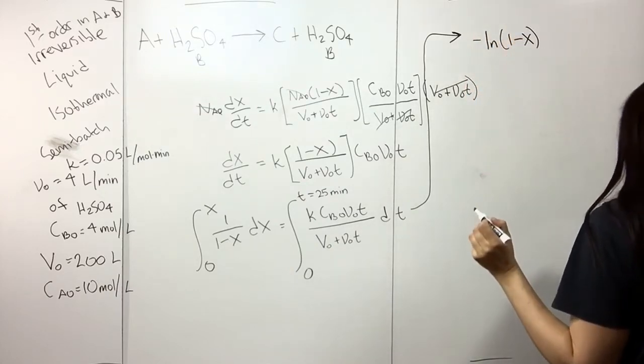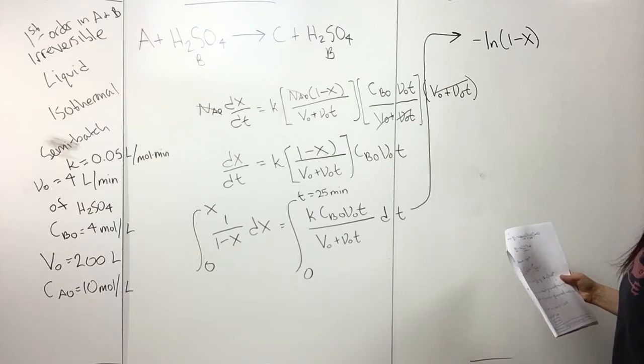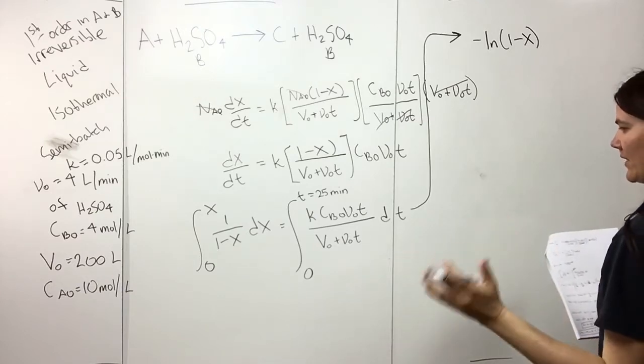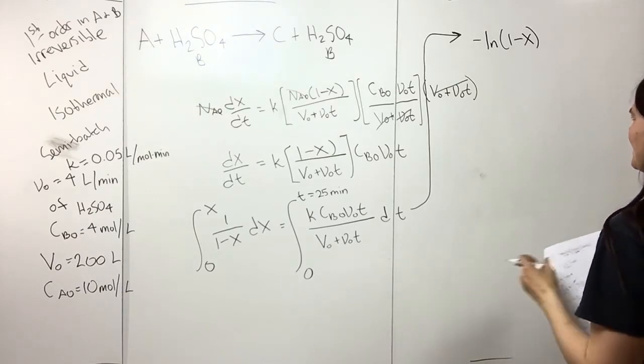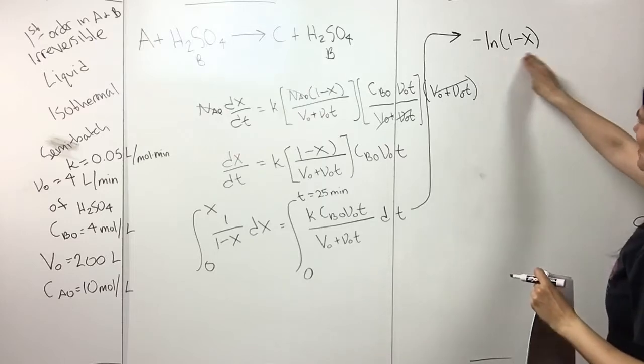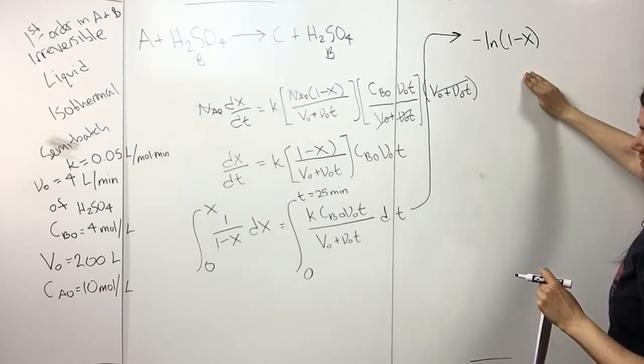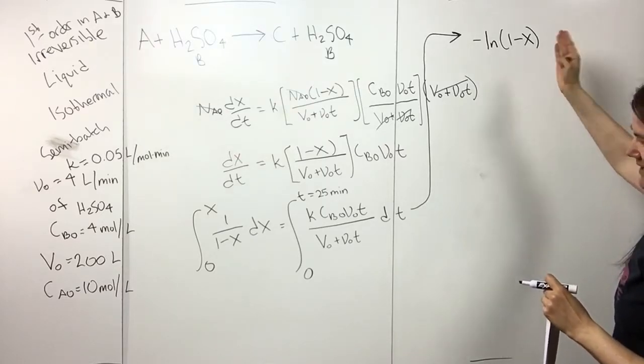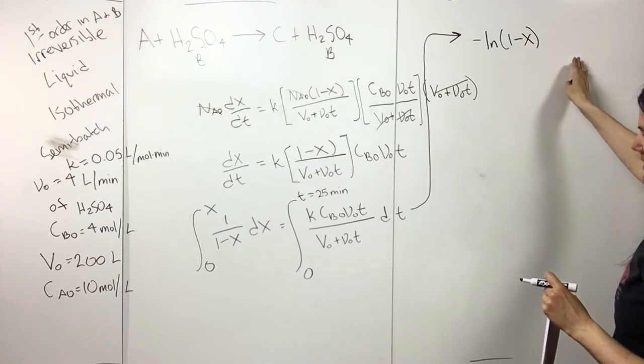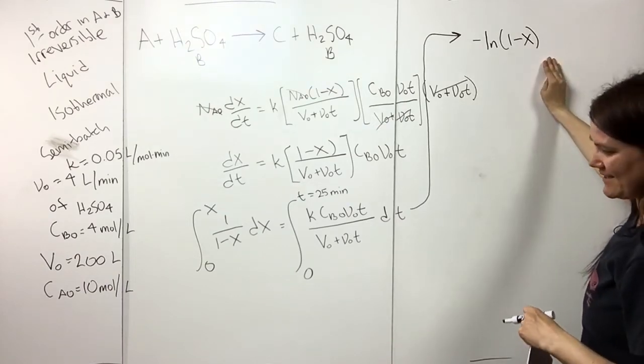1 minus x. And this is kind of what I was talking about earlier with the integration stuff, where it's easy to just write that and you don't add in c and you don't apply the limits.